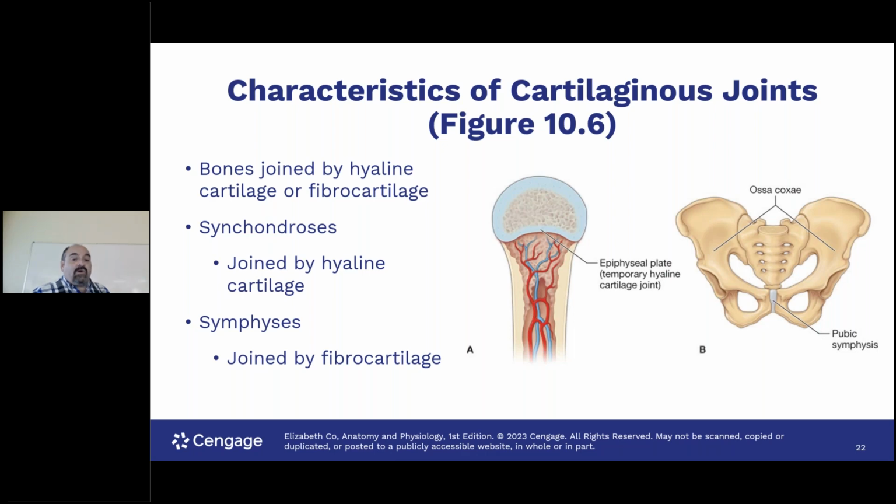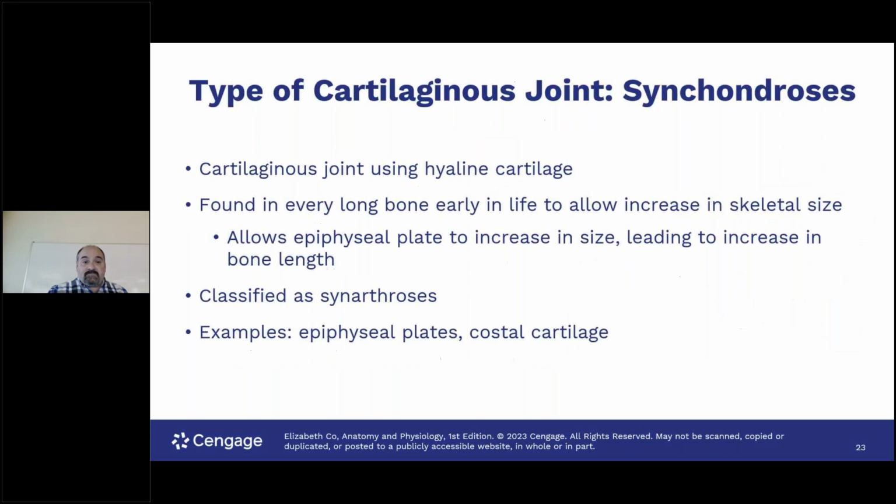Synchondrosis, hyaline cartilage. So can we say that, like we said before, the epiphyseal plate, the growth plate, right? Can we say the pubic symphysis as far as for fibrocartilage? Can we also say for the intervertebral discs, fibrocartilage, right? So, synchondroses, hyaline cartilage, right?